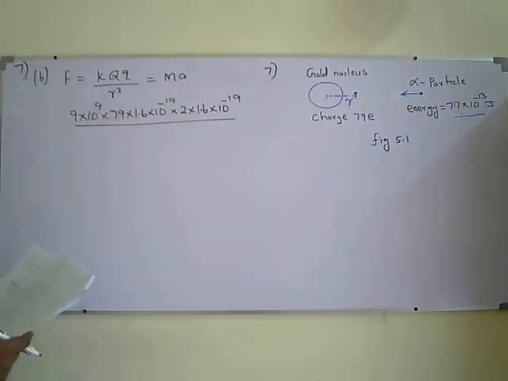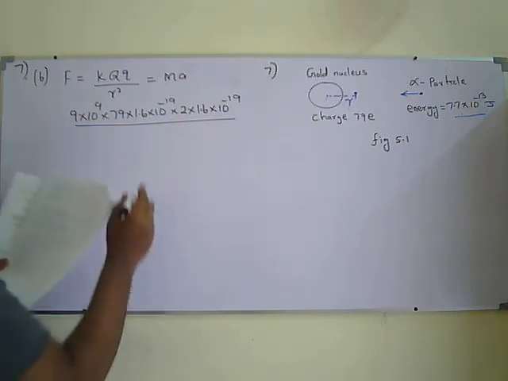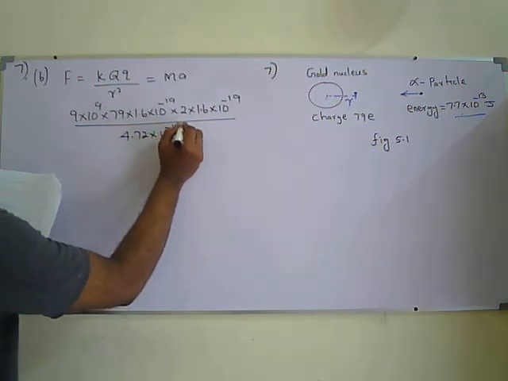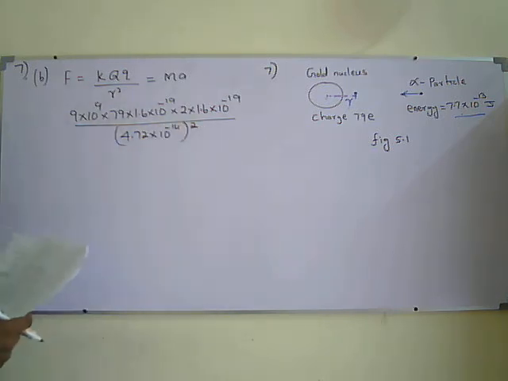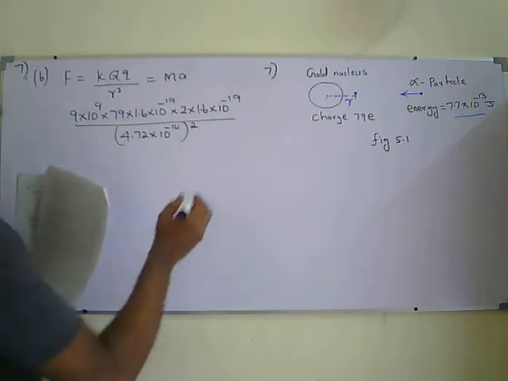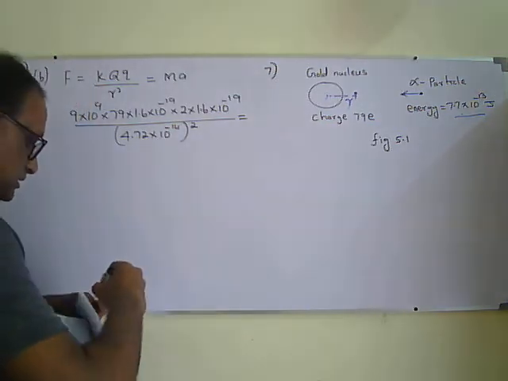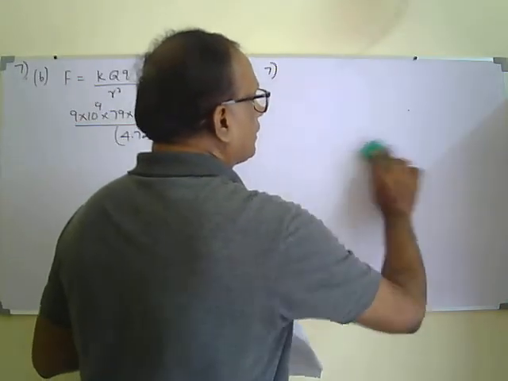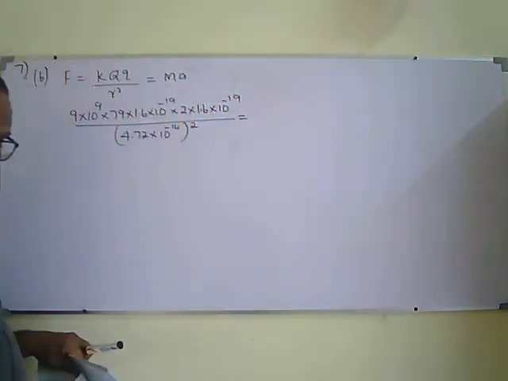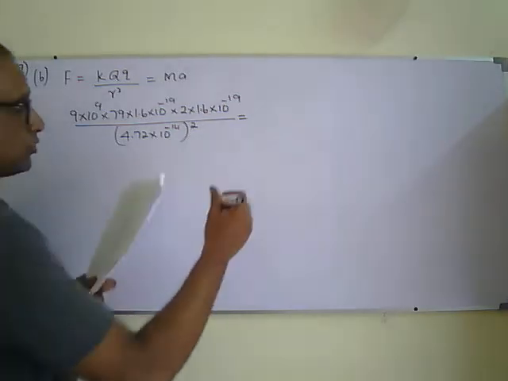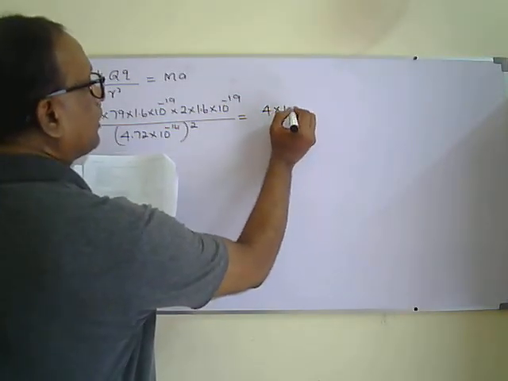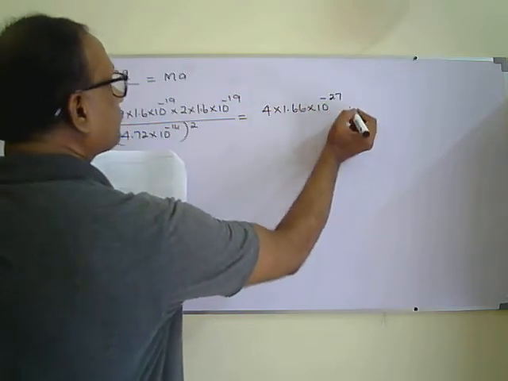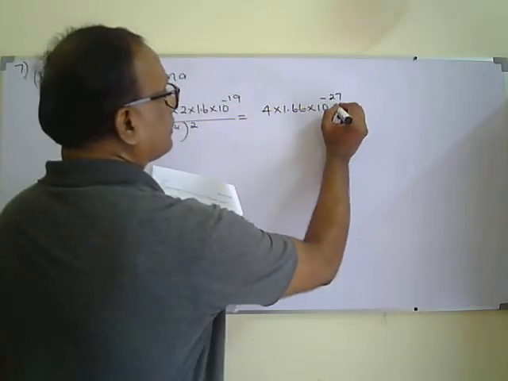We found R in the previous part, that is 4.72 times 10 to the power minus 14, all squared, equal to ma. So mass of the alpha particle: it consists of 2 protons and 2 neutrons, so masses are almost the same. 4 into 1.66 times 10 to the power minus 27 times a.